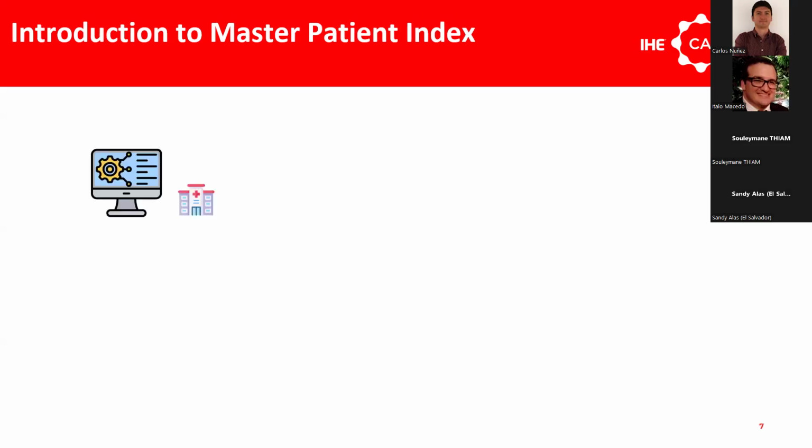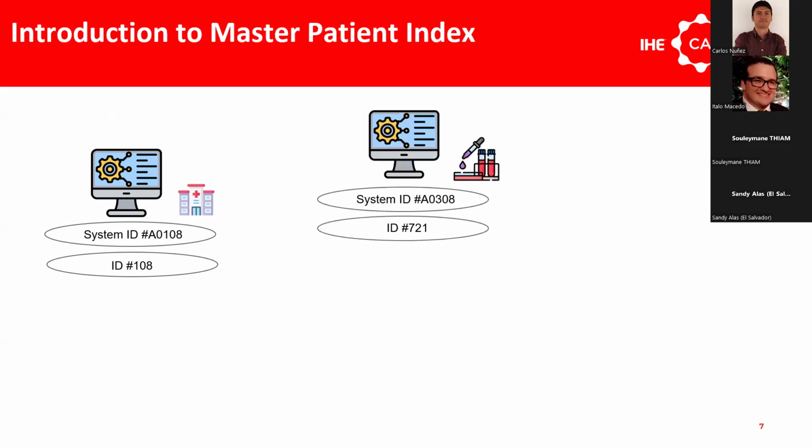So what happens is in the antenatal care, as they have their own system, they will identify Brenda with a local ID. For example, it's 108. In the blood laboratory, they will identify Brenda with 721.